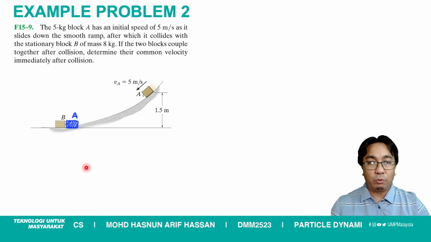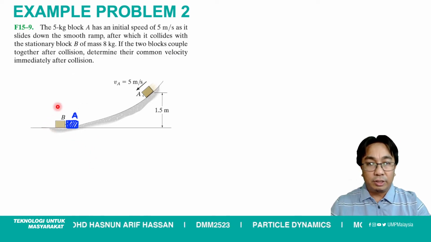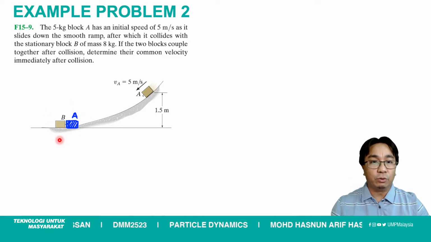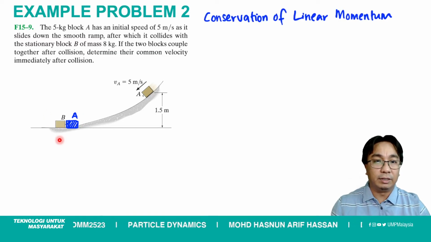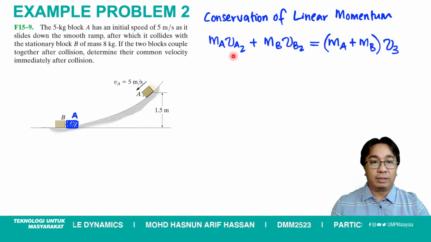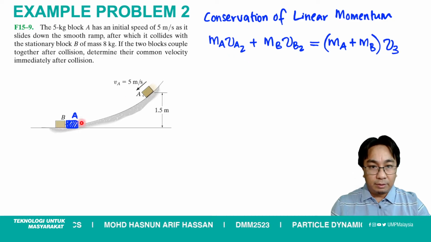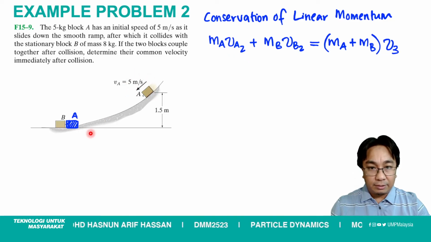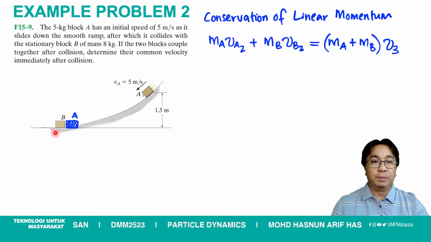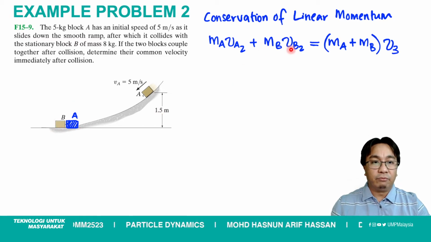So what we want to find out is the collision between A and B down here. Definitely we know we need to use the conservation of linear momentum, which states that MA VA2, where VA1 is 5 meters per second, so we need to know what is VA2 for A to impact B, plus MB VB2.